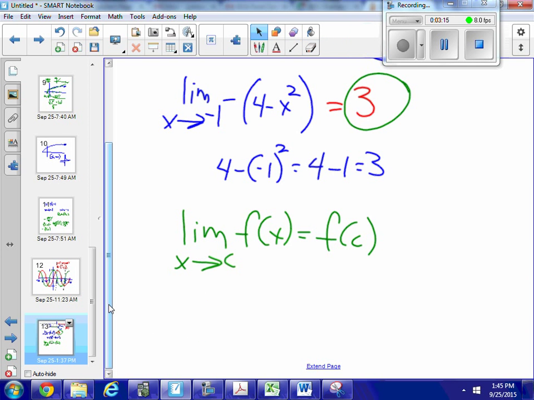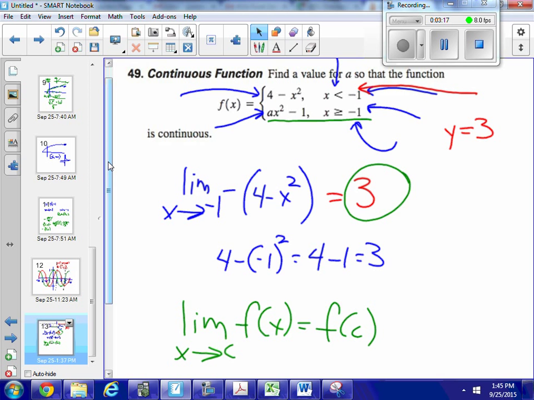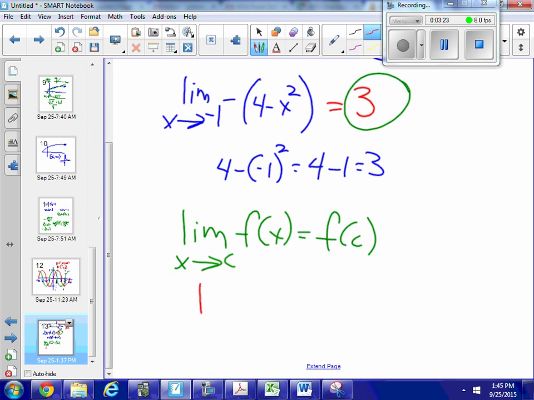So I know that the limit of ax squared minus 1 as x approaches -1 from the positive side has to be equal to 3.